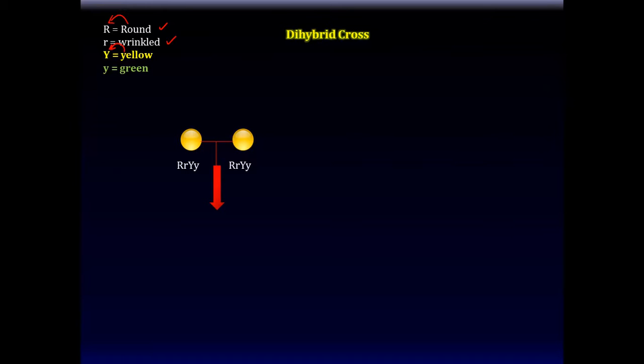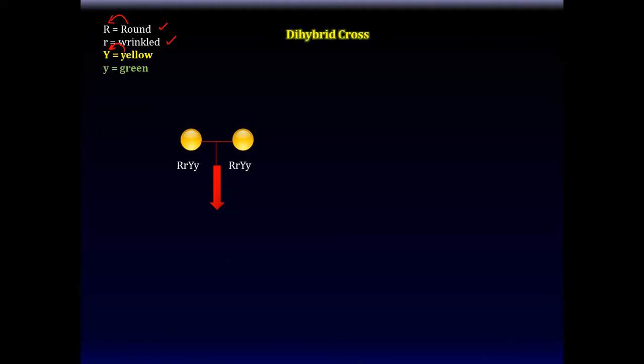This is the genetic makeup. Since there's 1 big R, this would be round, and 1 big Y, which is dominant, this would be yellow. So this is a round yellow, as you see here. Same thing over here: big R implies it's round, the dominant gene, and big Y implies it's yellow, the dominant gene.